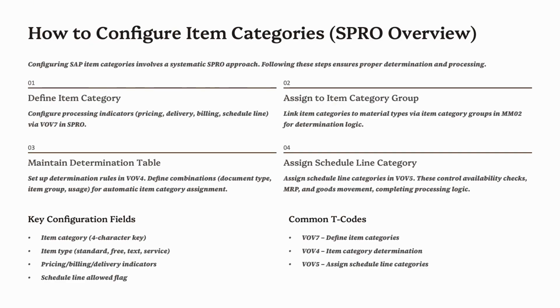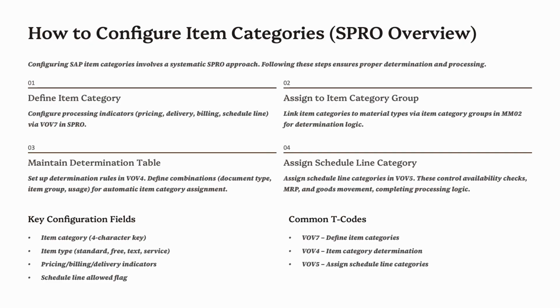Now let's walk through a high-level overview of how item categories are configured in SAP SD. You don't need to memorize every transaction code, but understanding the structure will make you a much stronger consultant. In SAP, item category configuration happens mainly in SPRO, inside the Sales and Distribution module. Here are the 4 key steps. 1.